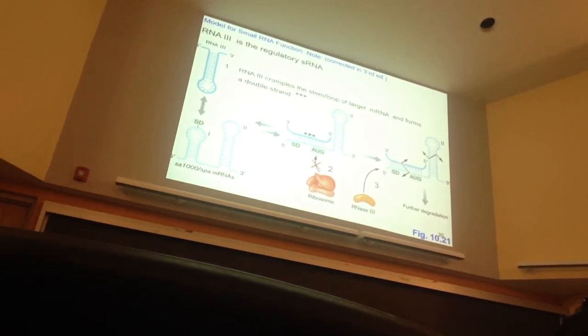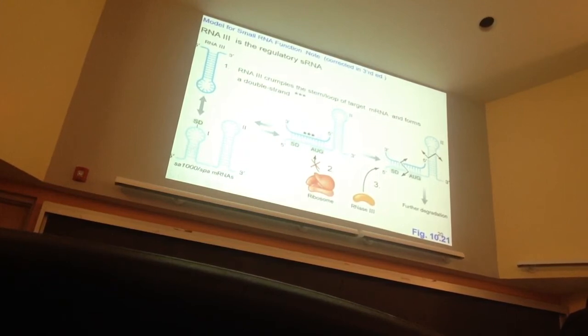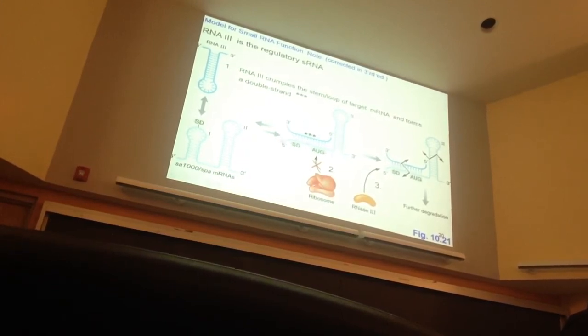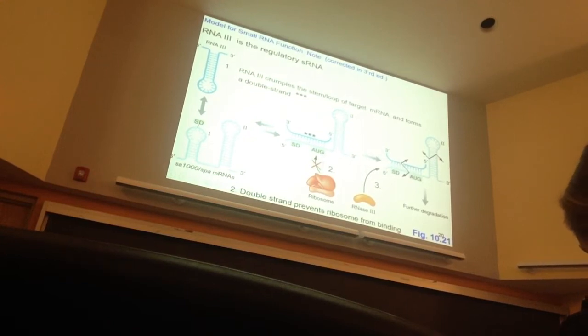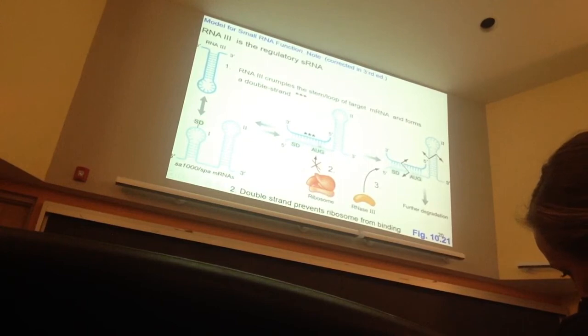It's not its template. And so I say it crumples the stem loop of the target. This had been in the stem loop structure. Now it's gone, and now you've got this double-stranded, no access. So the double strand prevents the ribosome from binding. So you have the X right there. So there you go. It stopped translation.